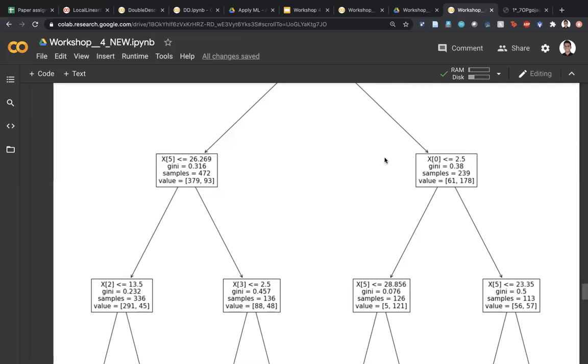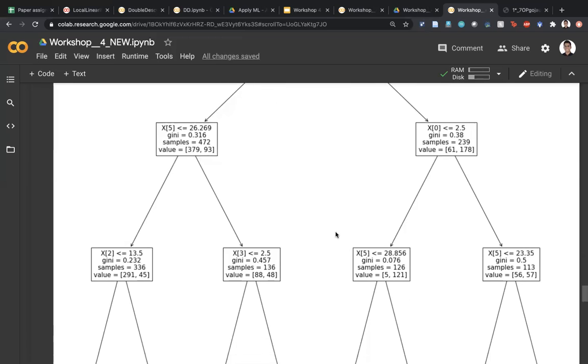Maybe Varun has a better answer for you, but from my understanding, it's more of a greedy algorithm where at every stage it will look to reduce the entropy the most, and then it'll ask a question there, and then the next question it asks will try to reduce the entropy even more. So it's not like it makes a list of all the possible questions and then cycles through them to see which ones lead to the best answers. It's more of a greedy algorithm where at every step we try to ask the best question that we can.